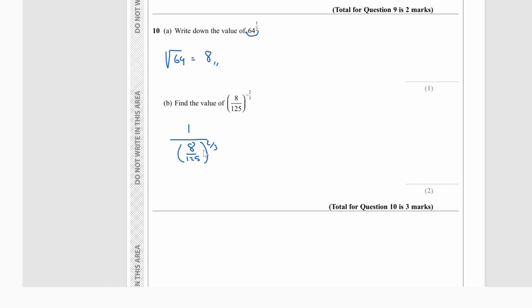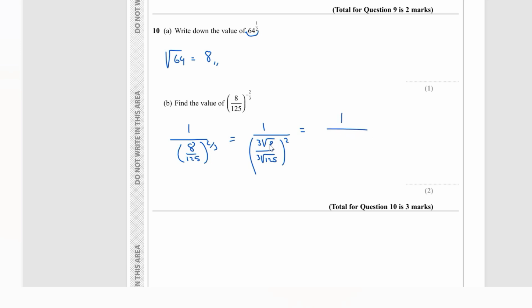Now for this denominator, we need to cube root everything and then square the final answer. And because we have a fraction, what we do to the top, we need to do to the bottom. So if we rewrite this, this will be 1 over the cube root of 8 over the cube root of 125. And whatever this answer is, we will square it.